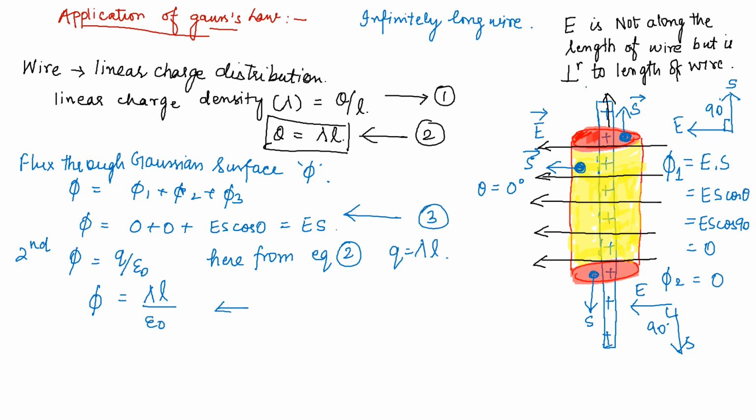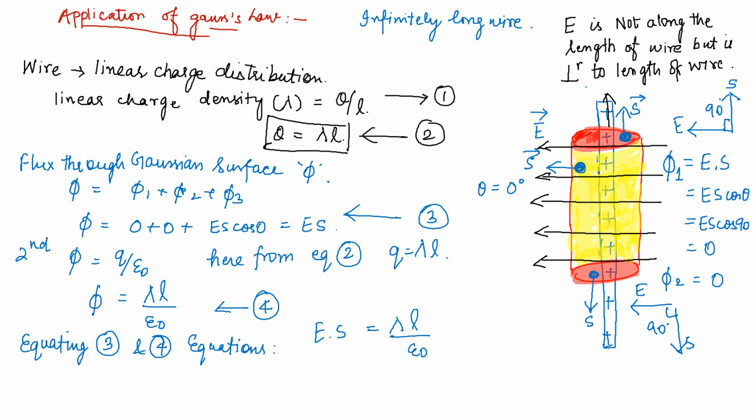This is our equation number 4. Equating equations 3 and 4, what we will get? We will get E into S equals lambda L upon epsilon naught.